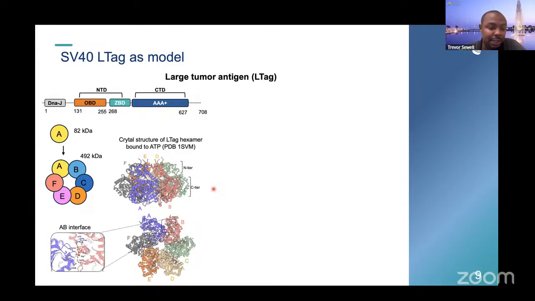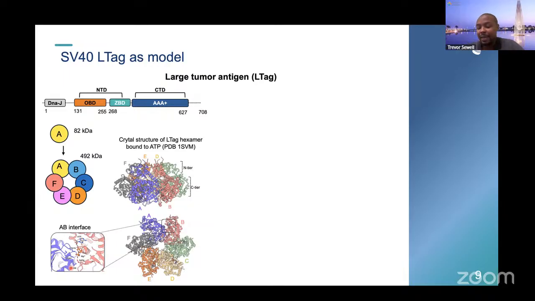And like in CMG, it also uses the set of conserved Walker A and Walker B motifs alongside the trans-acting arginine finger to facilitate ATP hydrolysis.